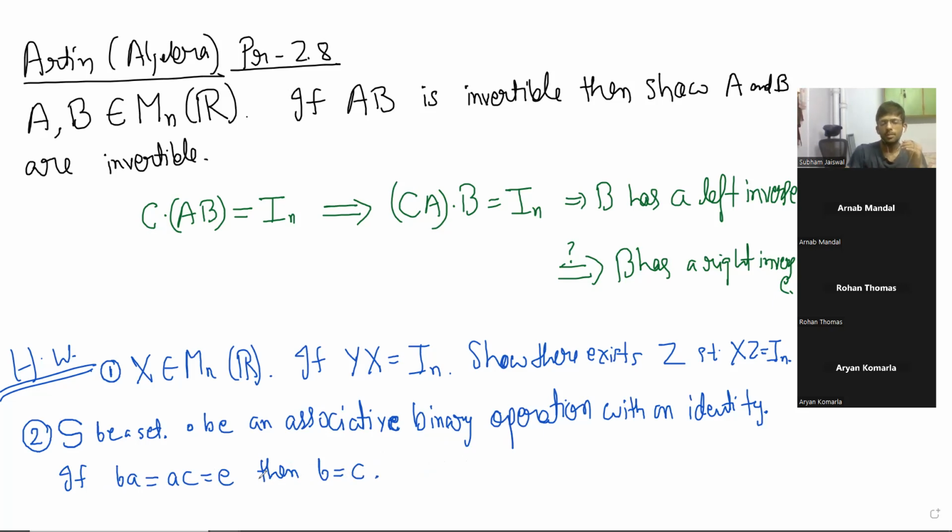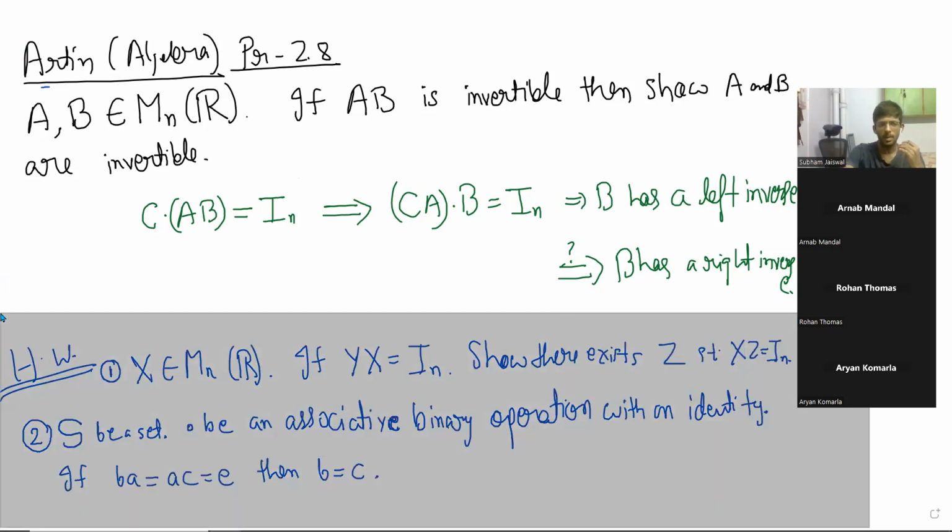And then this will follow because matrix multiplication is associative, right? And multiplication is just a binary operation on the collection of all matrices. So these two things. This will also follow from one of the homeworks that we had last time, but we will not do it now. Means if you do the homework, then you will be able to see it.